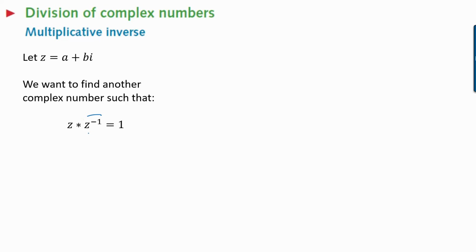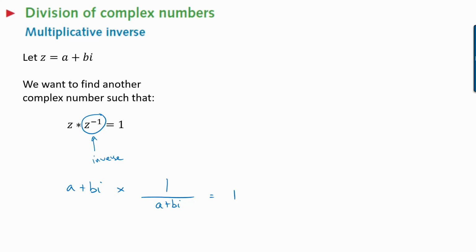Now, if z is a plus bi, we're trying to find an inverse, right here, such that if you multiply them together, it should give you 1. Now, from a logical standpoint, you can say that if this is a plus bi, you multiply that by 1 over a plus bi, and that should equal 1. Yeah, because we know that if you have a plus bi divided by a plus bi, it has to be 1.